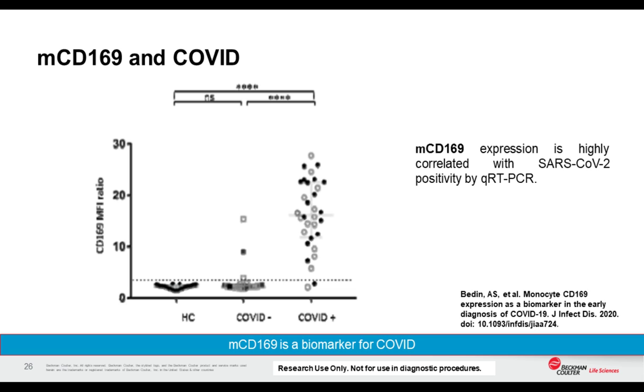This rapid flow cytometric assay can be effectively used to identify COVID positive cases who can be confirmed with PCR. This study was recently published in the Journal of Infectious Diseases. Another study in the CHU Marseille, France, with 155 patients confirmed these results.